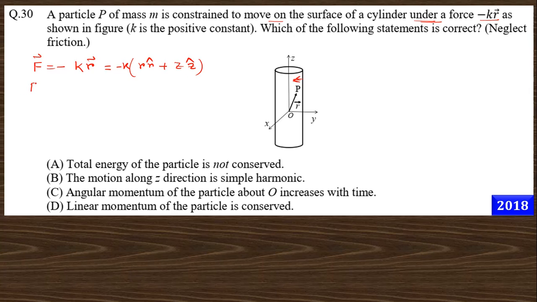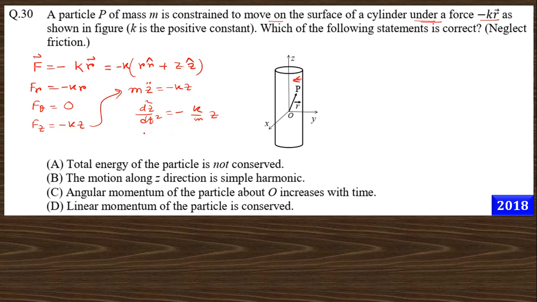So you can say F_r is minus k r, the F_theta component is 0, and F_z is minus k z. By this formula, m z double dot is minus k z. So z double dot, meaning d2z by dt square, is nothing but k by m into z.